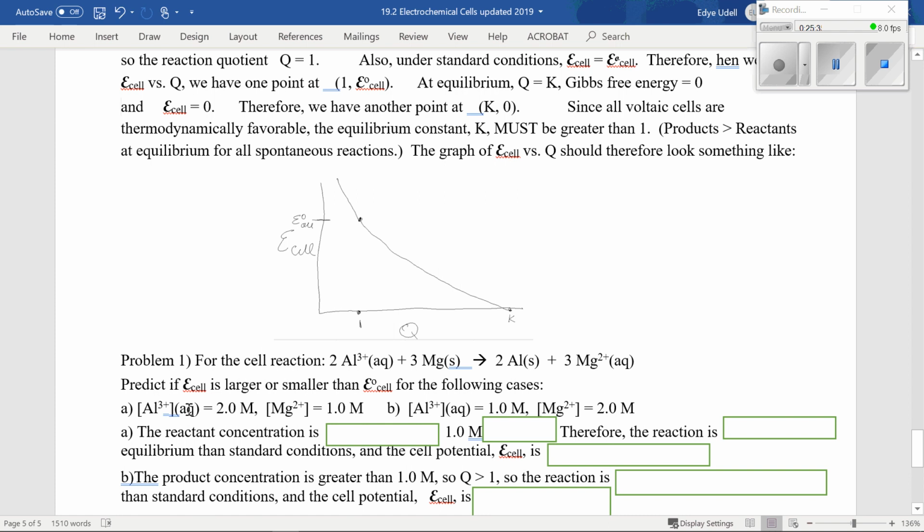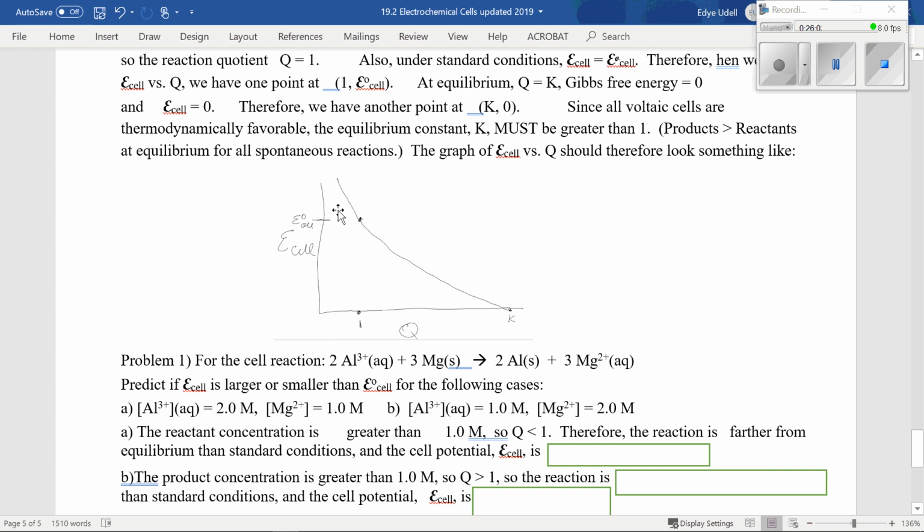If we increase the Al3 plus in this reaction, we've increased a reactant, and the reactant is now greater than 1 molar. The product is still 1 molar. So Q is less than 1. Remember, Q is products over reactants. So I have 1 cubed divided by 2 squared. It's 1/4. It's less than 1. So Q is less than 1.